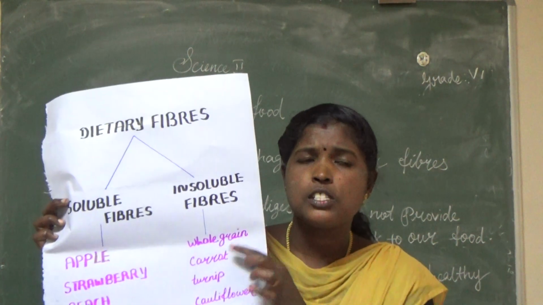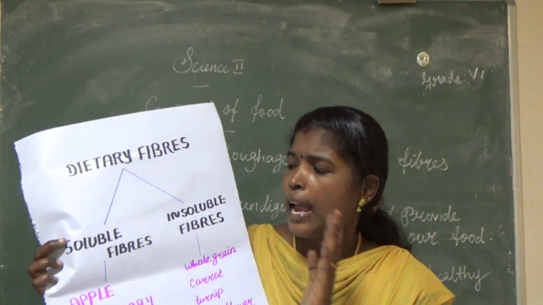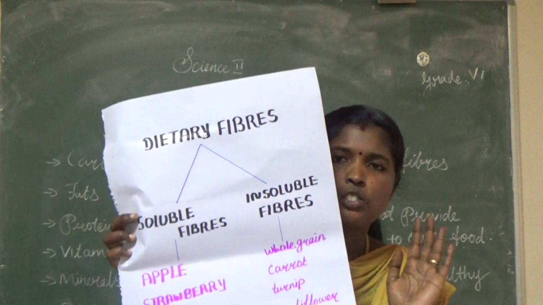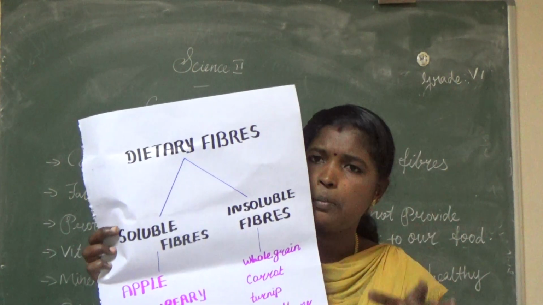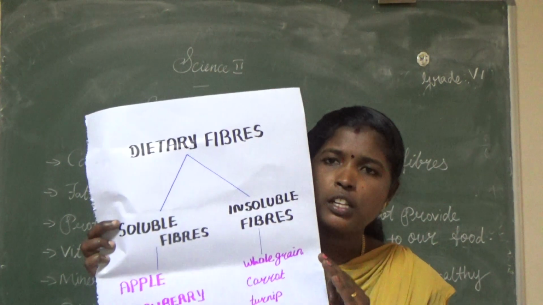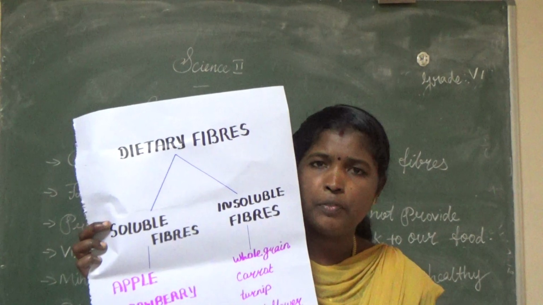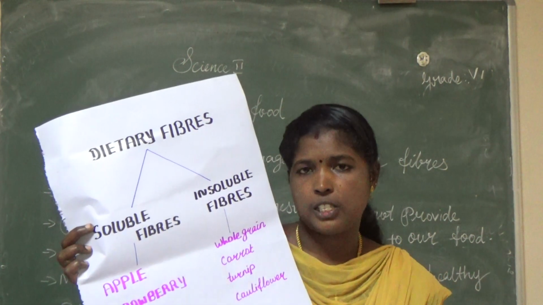Once again, listen. What are the types of dietary fibers? Soluble fibers and insoluble fibers. Soluble fibers are soluble in water. The food sources containing soluble fibers are apple, strawberry, peach and rice.